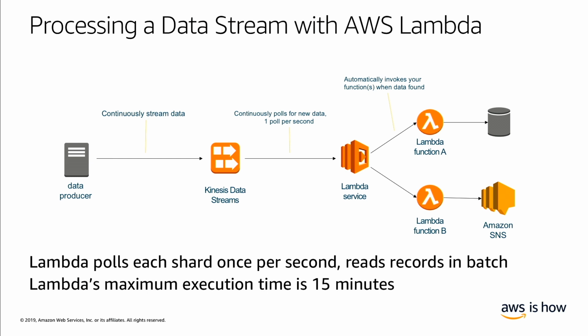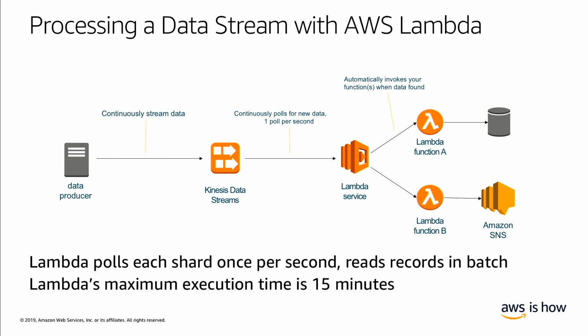If you get the records in a batch, you have to be careful, because if you read too many records, maybe you exceed this maximum execution time. I can't tell you how many records you should read, because it depends on the time that you need to process these records. But you should configure the batch size accordingly, not to exceed this maximum execution time. So this is a way where you can use AWS Lambda for serverless processing of streaming data.